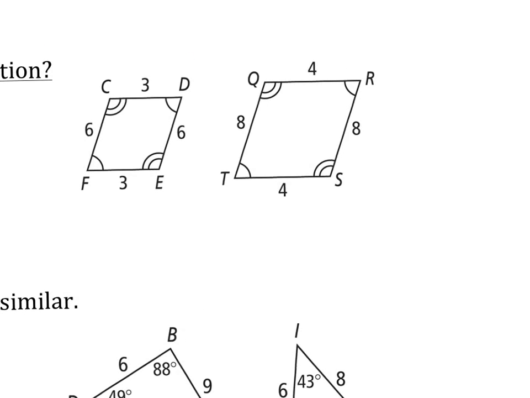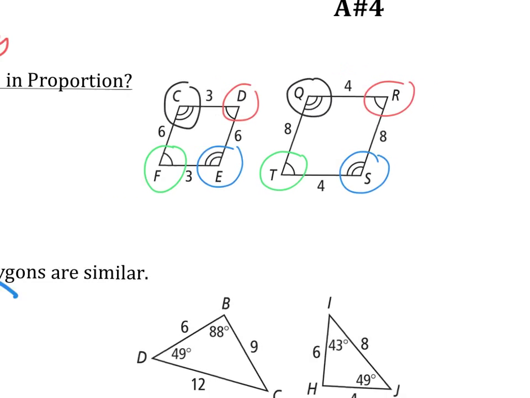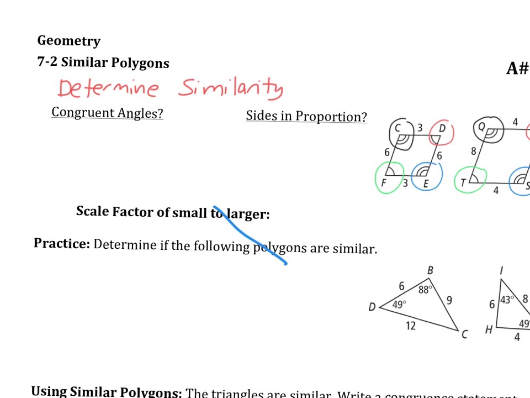So congruent angles, that's a straightforward one. And notice here, I can see that C and Q are congruent. Then I see that angle D and angle R are congruent. Angle E and angle S are congruent. And lastly, by default, even if you didn't know that, even if it didn't mark it, they have to be congruent. So F and T are congruent. So I'll just make that list real quick over here, just so that we have the proof part in play.